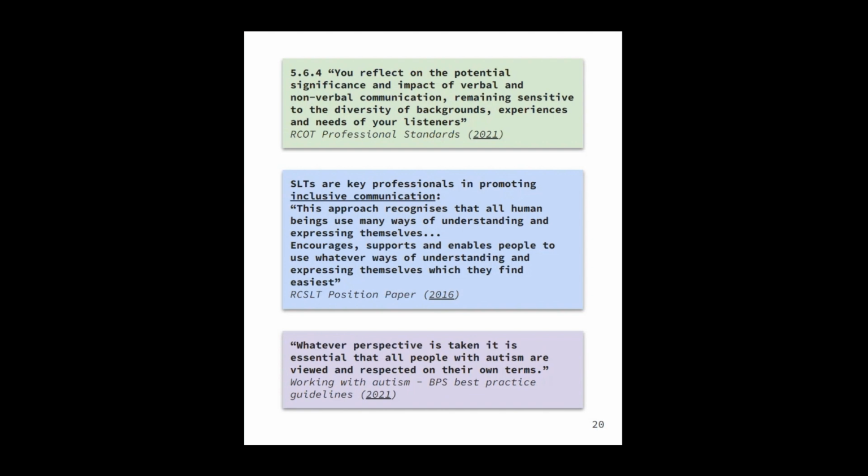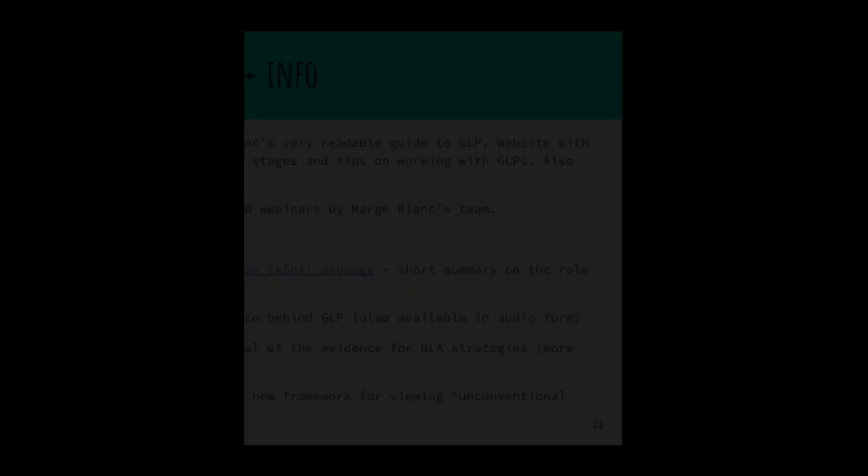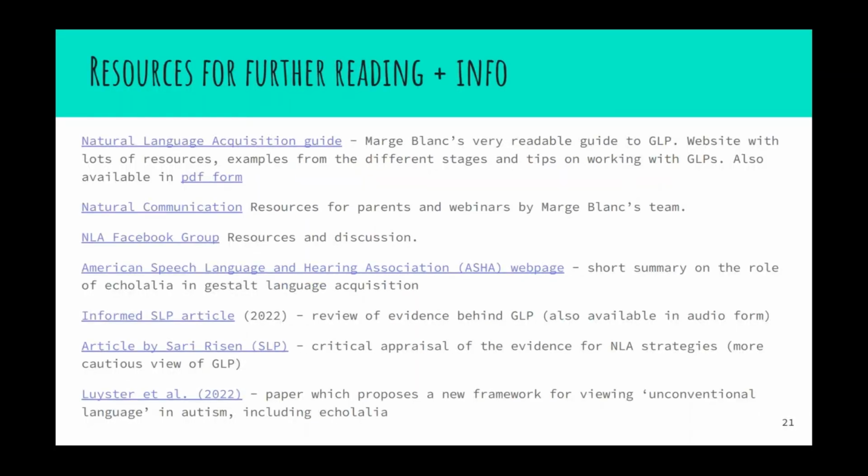And just on this topic, I'm not going to read these in detail, but just to show that respecting and acknowledging children as Gestalt language processors also aligns with professional guidance. So here are some guidelines from the RCOT, the BPS and the RCSLT, in case you want to revisit these later. We have some resources for further reading and information if you'd like to read a little bit more. Some of these we've mentioned already, and some of these are just extra things that you can have a look at.